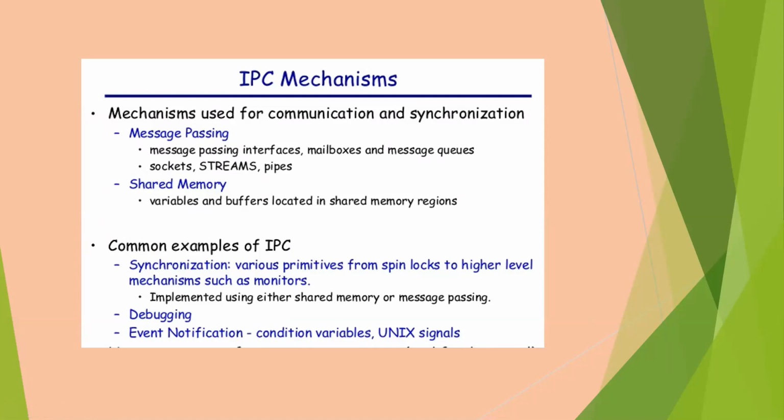Common examples of inter-process communication are synchronization, various primitives from spin locks to higher level mechanisms such as monitors, implemented using either shared memory or message passing, debugging, event notification, condition variables, Unix signals. So these are the common forms of inter-process communication which we have seen.